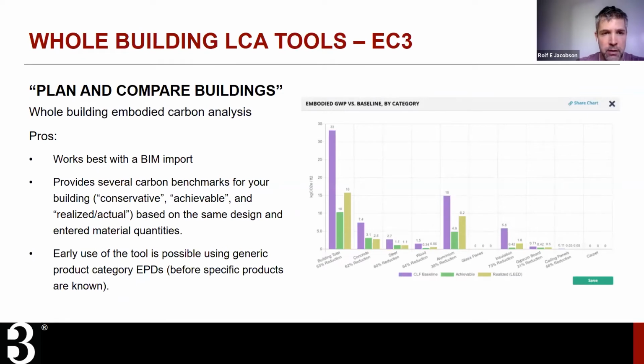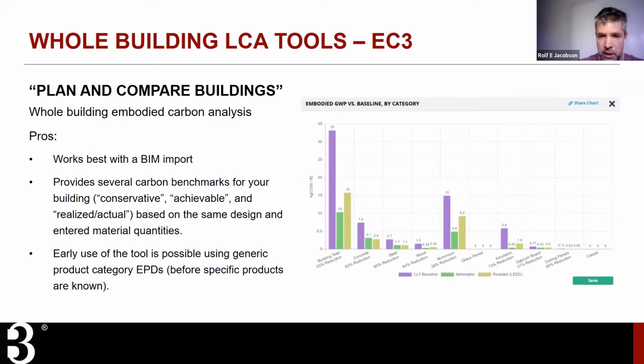On the Plan and Compare Buildings side, this is a chart of an example building that was developed. This tool in EC3 works the best with the BIM import. And to deal with some of the uncertainty, it's going to provide a couple of benchmarks or references for your building. You see here on this chart three different colors.